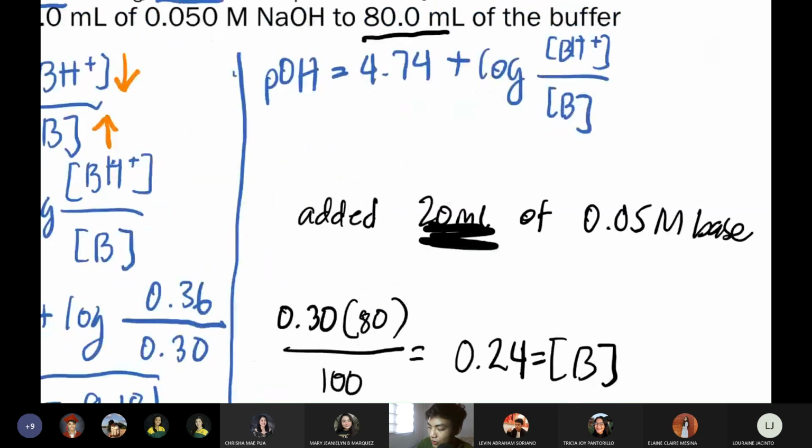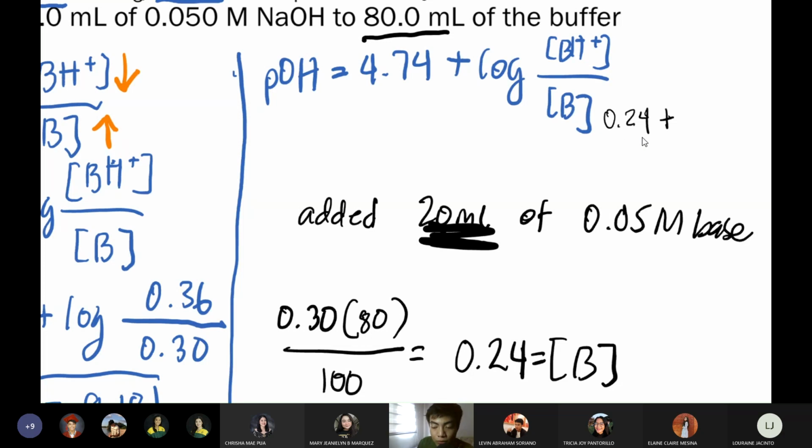So the new concentration of the base, no, is 0.24 molar. Hindi pa natin tinitake into account yung additional amounts of base, no. Yung meron lang tayong existing. In-adjust lang natin yung kanyang concentration. So hindi pa natin dinadagdag dito yung sa sodium hydroxide, no.